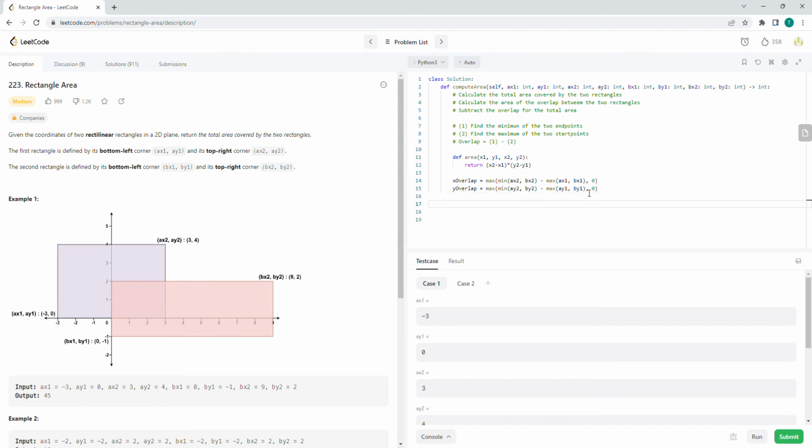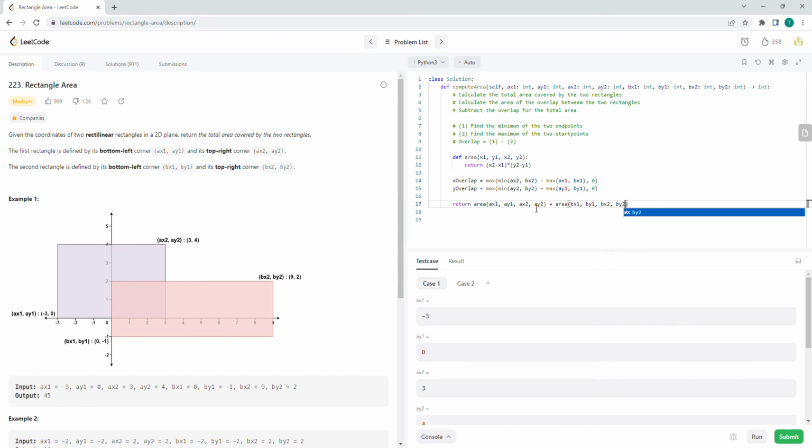So once we have the overlaps, we basically return the following. Return the area of AX1, AY1, AX2, AY2 plus the area of BX1, BY1, BX2, BY2.